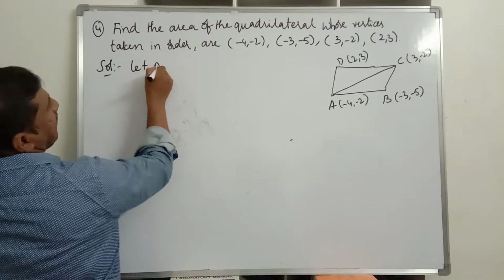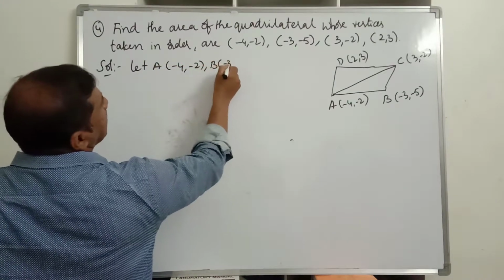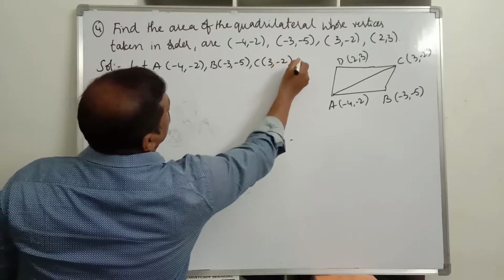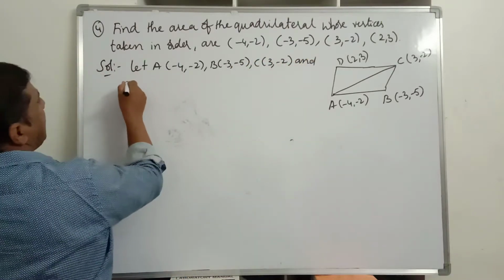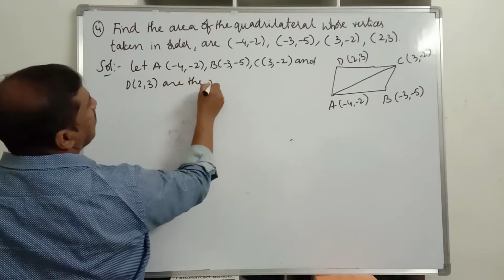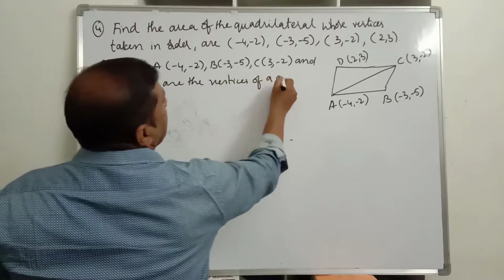Let A(-4, -2), B(-3, -5), C(3, -2) and D(2, 3) be the vertices of a quadrilateral ABCD.